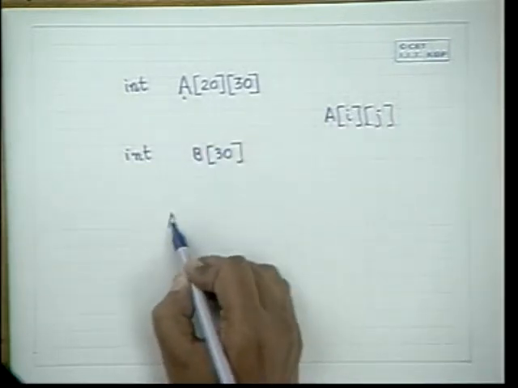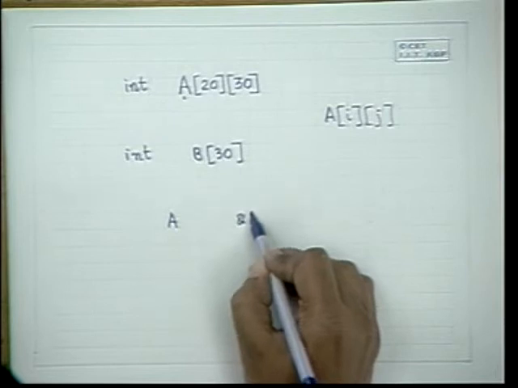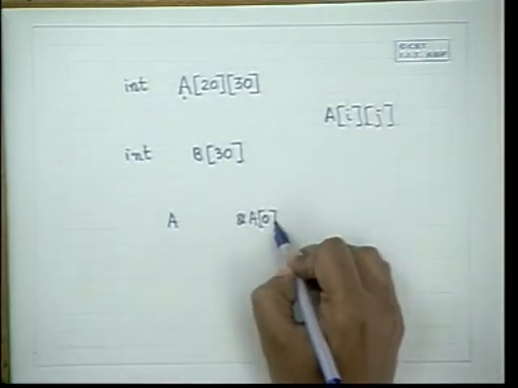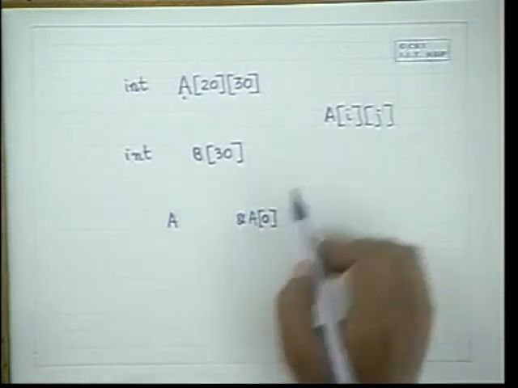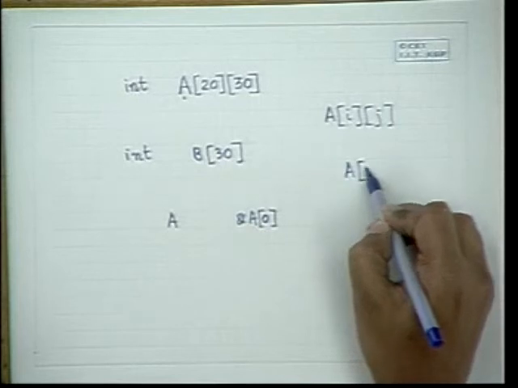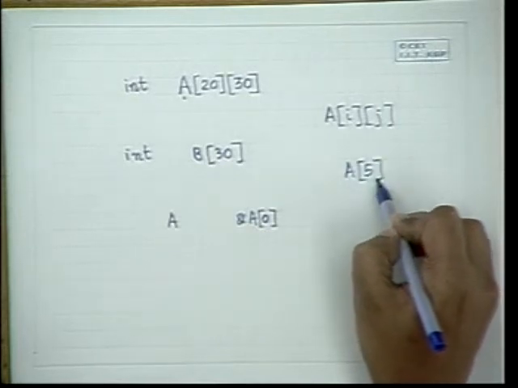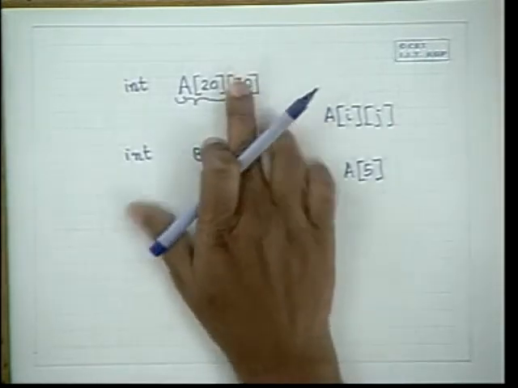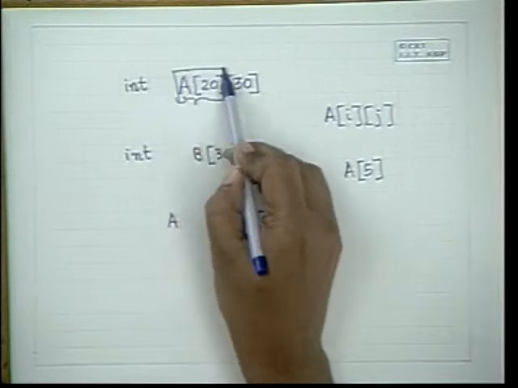So A is the same as &A[0], and suppose I say A[5], what do I mean by A[5]? A[5] means this part of the array.